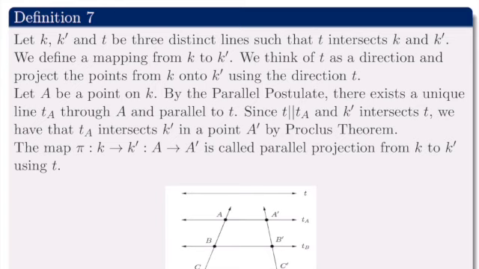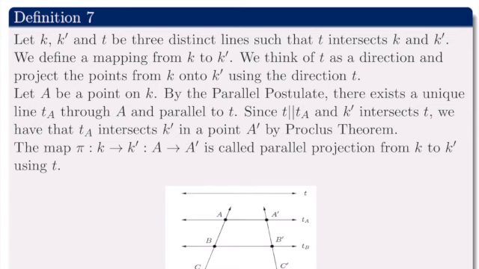So moreover, we can define this more specifically by using a map. Let us call this map pi. So pi would be the mapping from K to K prime, such that A goes to A prime. Moreover, B would go to B prime, C to C prime, and this would go on forever.